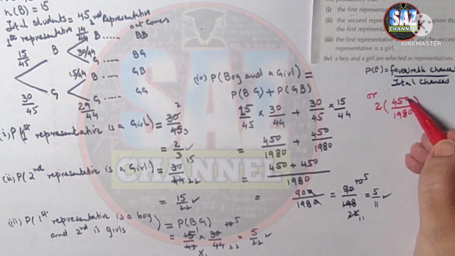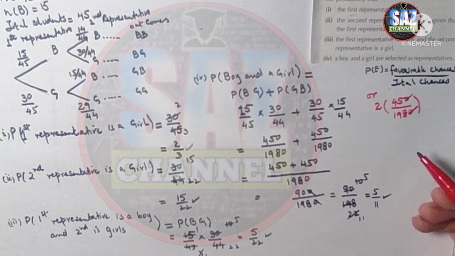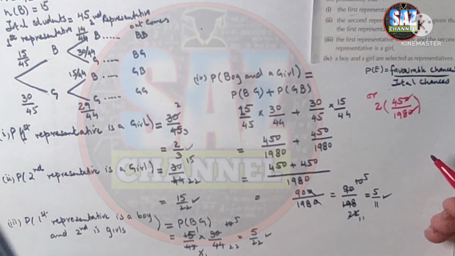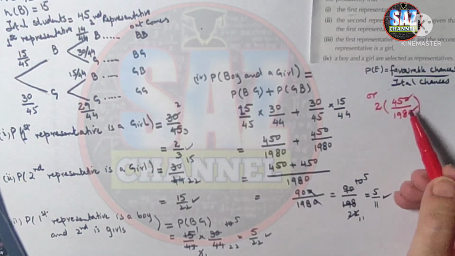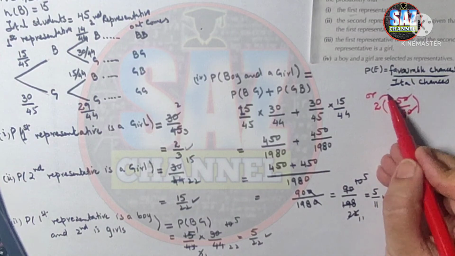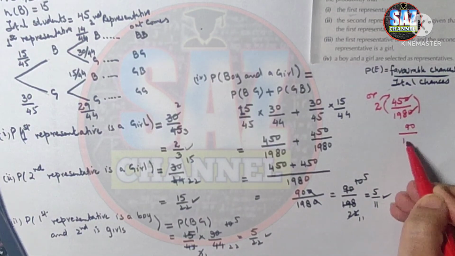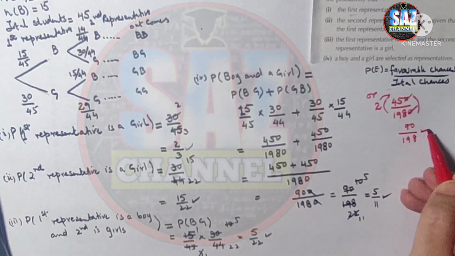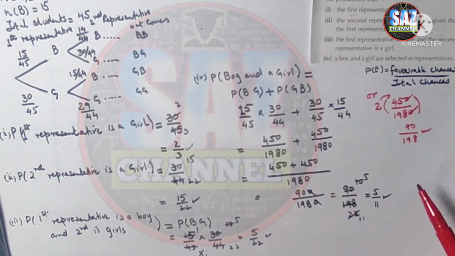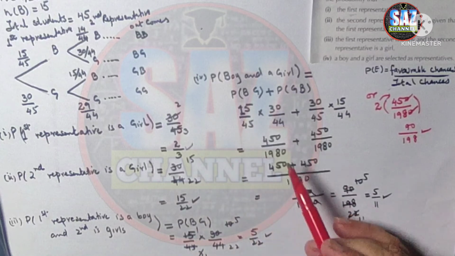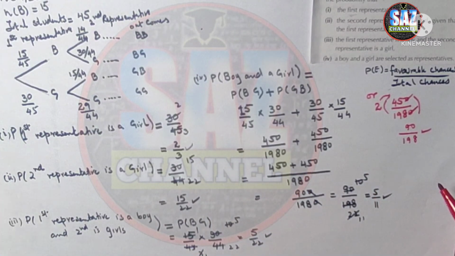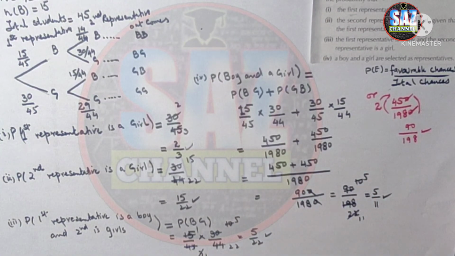Now this goes with this, and then either we can read the table, or we can make 45 2 times is 90. In any case, we will reach the same stage. Or the third way is that some students may simplify these fractions at this stage. It's up to you how you carry out the calculation.